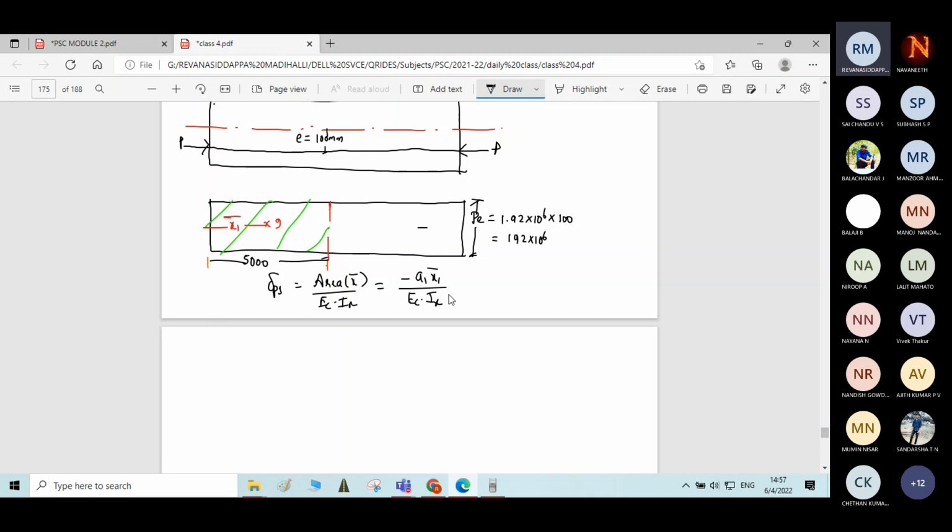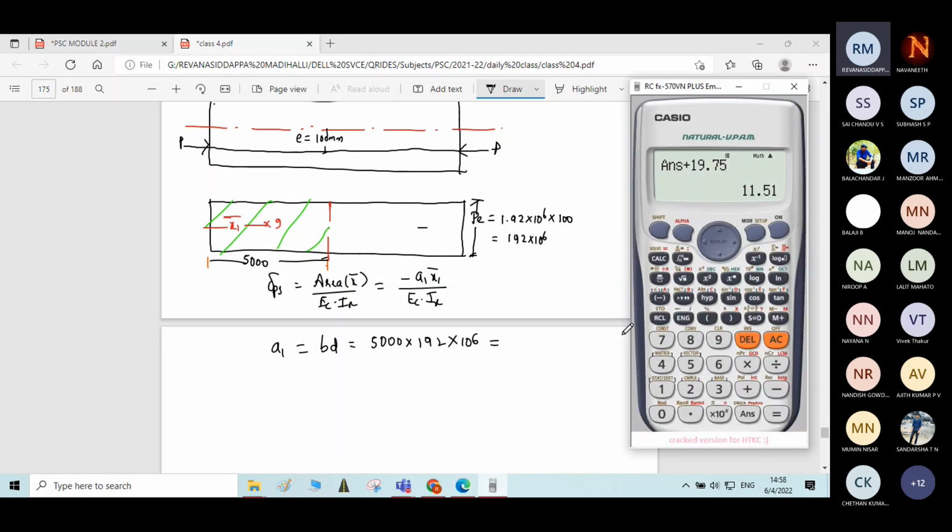Okay. A1 will be 5,000 is the width and 192 into 10 power 6 the depth. Therefore, it is 5000 into 192 into 10 power 6. If we calculate, I don't have the answer here.